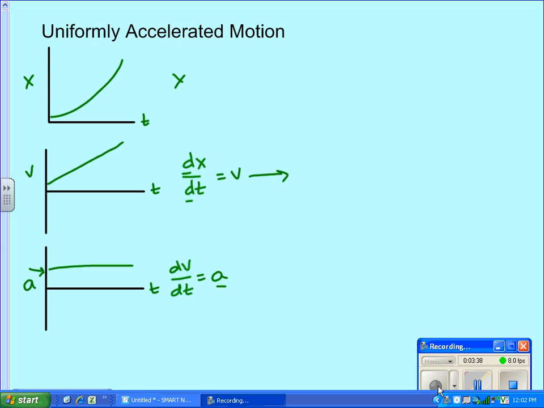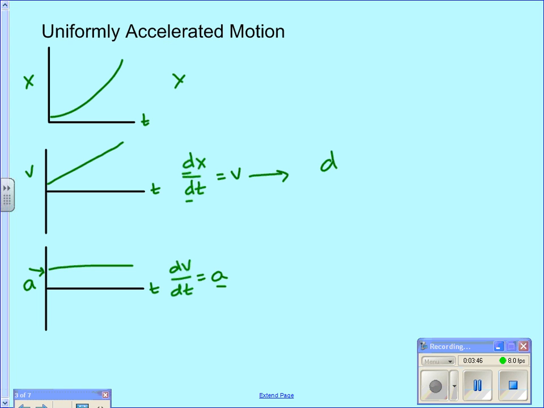Okay, let's do the next one. Let's take a look at v versus t. From the integral of the acceleration function, we have dx/dt equals v, and we said it equals vi plus at. We're going to do the same thing: multiply by dt on both sides, so I get dx equals (vi plus at) dt, and integrate it.